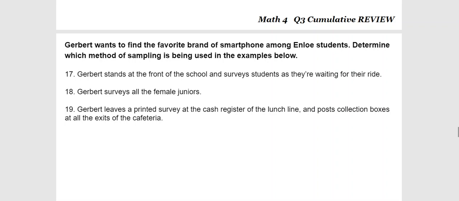That's convenience. Gerbert surveys all female juniors. Now, just to be clear here, there's one category that says all the females, and there's another category that says all the juniors. And so he is doing layers here. This is stratified.